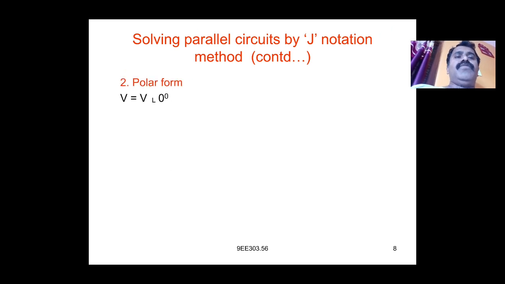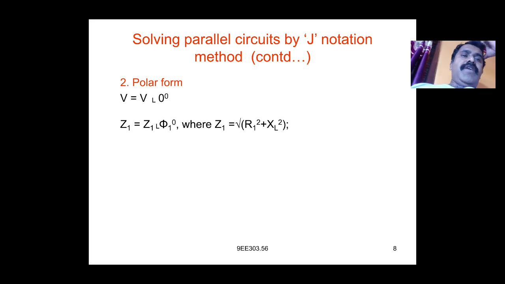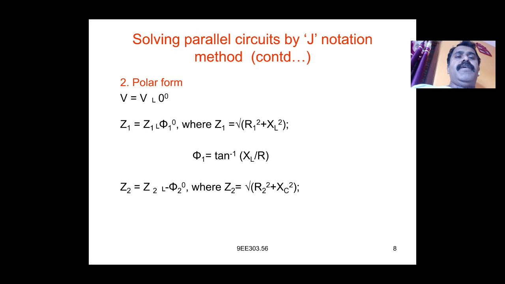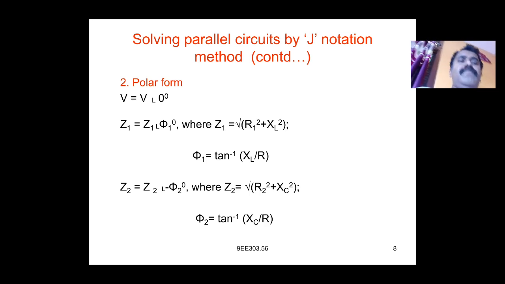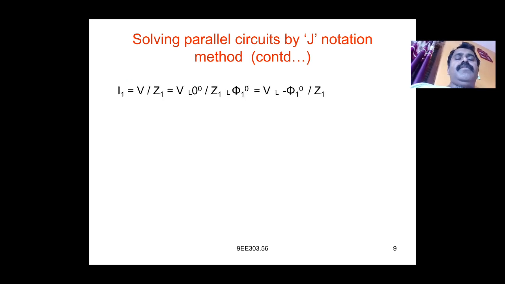Next, polar form. V is equal to V angle of 0 degrees. Z1 is equal to Z1 angle of phi 1 degrees, where Z1 is equal to the root of R1 square plus XL square, and phi 1 is equal to tan inverse of XL by R. Z2 is equal to Z2 angle of minus phi 2, where Z2 is equal to the root of R2 square plus XC square, and phi 2 is equal to tan inverse of XC by R. I1 is equal to V by Z1, that is V angle of 0 degrees divided by Z1 angle of phi 1 degrees, which is equal to V by Z1 angle of minus phi 1 degrees.